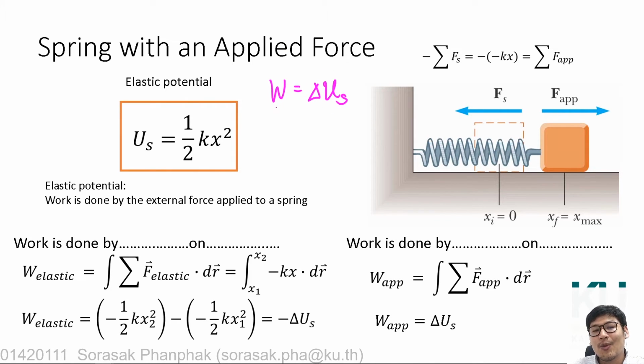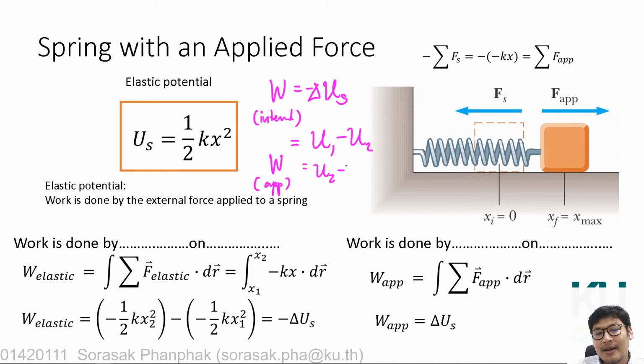But if you say the work is done by the spring, which I call the internal system, you will get U1 minus U2, which is minus delta U. But if the work is done by an external or applied force, you will have, rather than U1 minus U2, U2 minus U1.